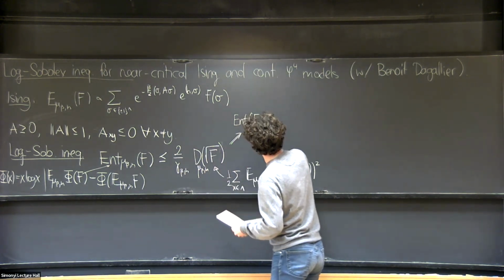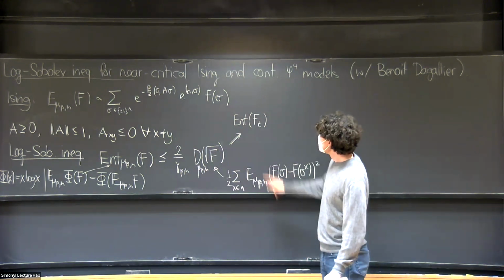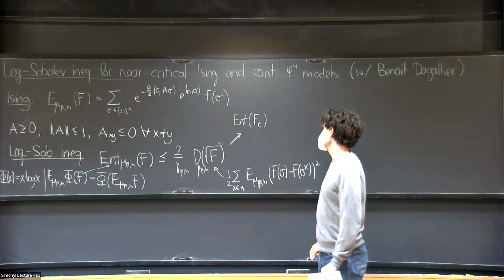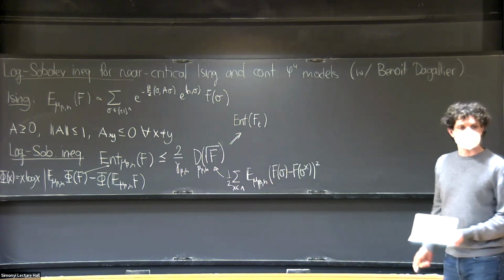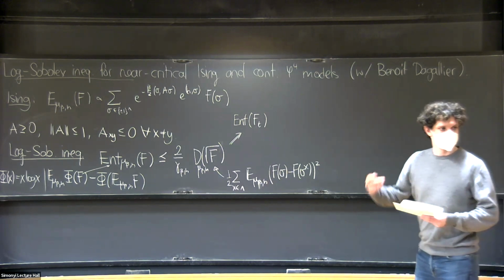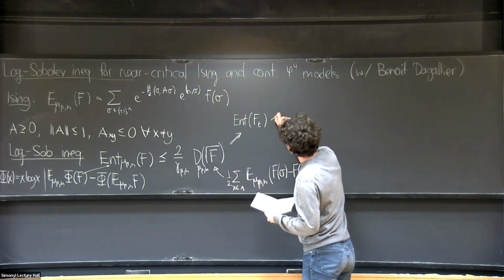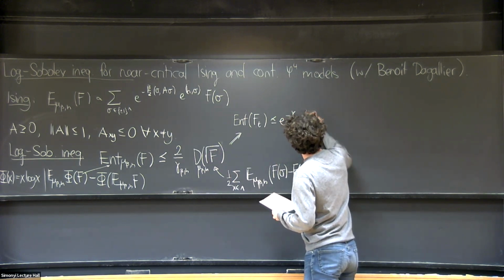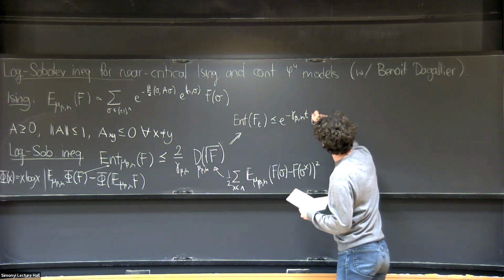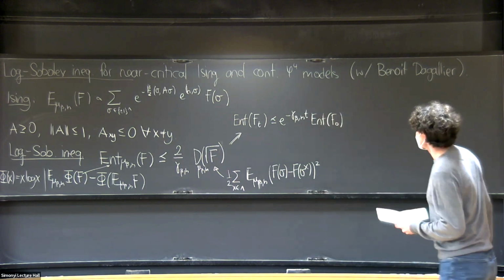So if F_t, we start with some density F, say a probability density, then we can define F_t as the density evolved at time t according to this Glauber dynamics, which is generated by this Dirichlet form, and the Log-Sobolev constant gives the rate at which this relaxes to 0.